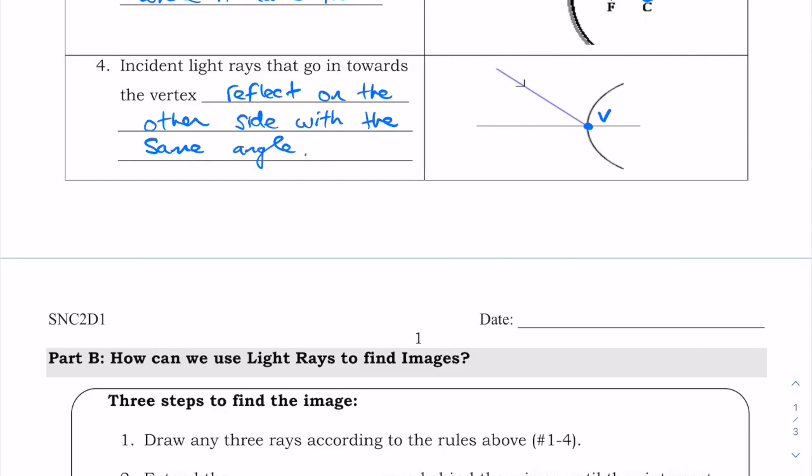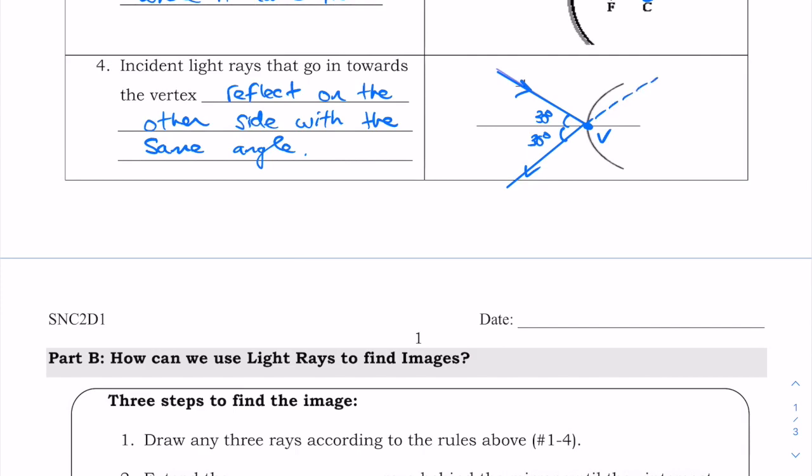Here's our incoming ray of light. Imagine it hits the mirror at an angle of 30 degrees relative to the principal axis. That ray of light will reflect at the same angle like so. And if we form a virtual image, we're going to look at where the reflected ray of light appears to have come from, which I'll show by extending the dotted line behind the mirror.